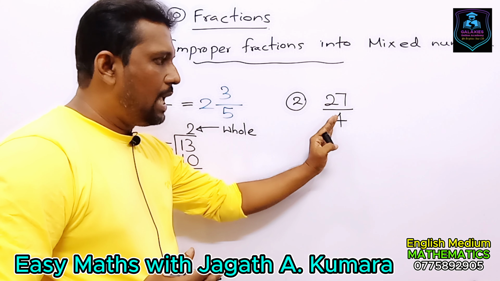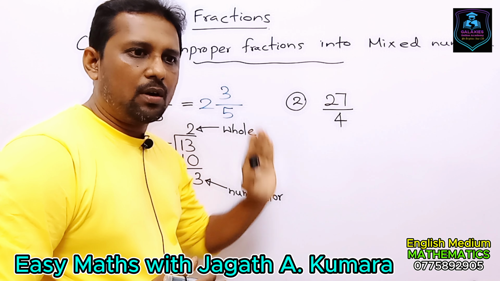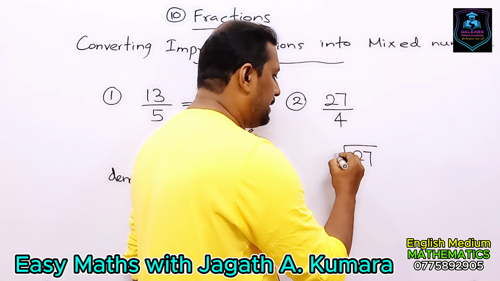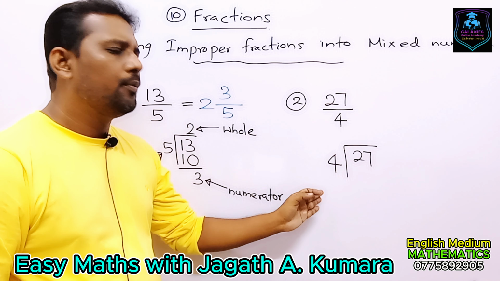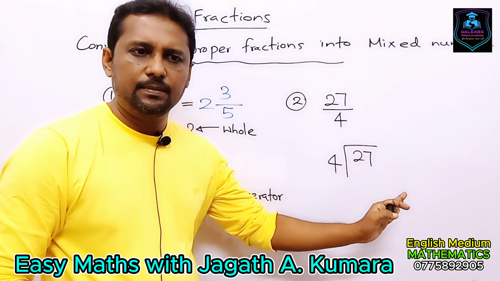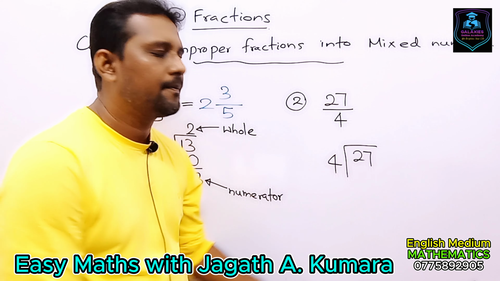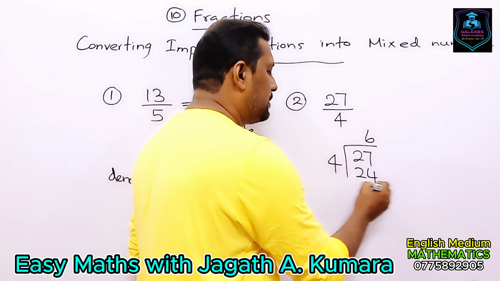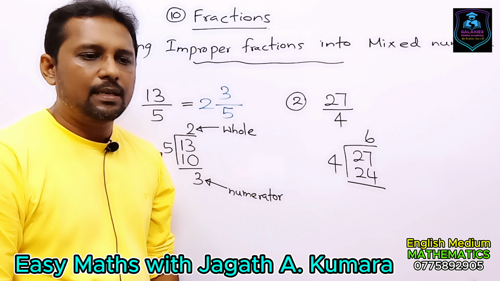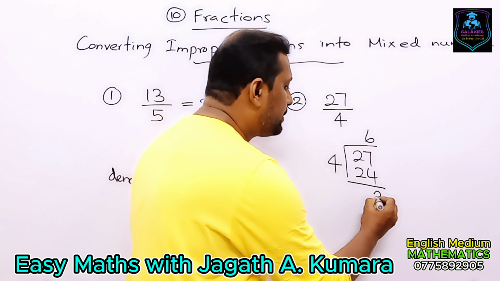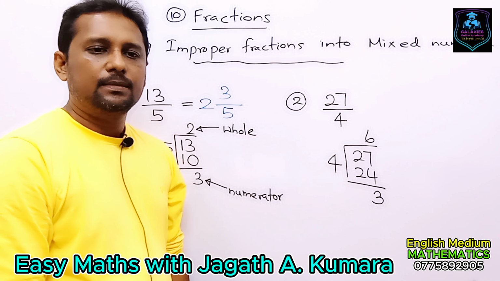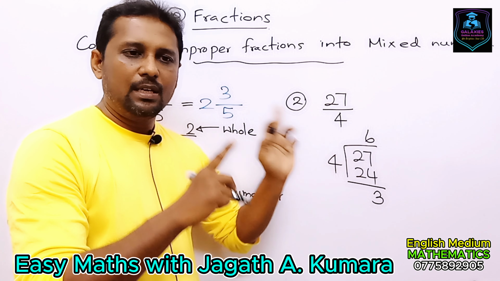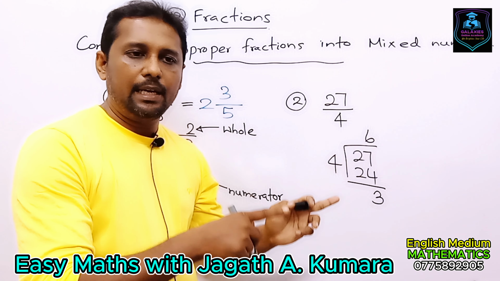You have to divide 27 by 4 using the long division method. 27 divided by 4. How many 4s in 27? 6. 6 times 4 is 24. What is the remaining value? 3. Now you have to write the positions of these values correctly: denominator, numerator, whole number.